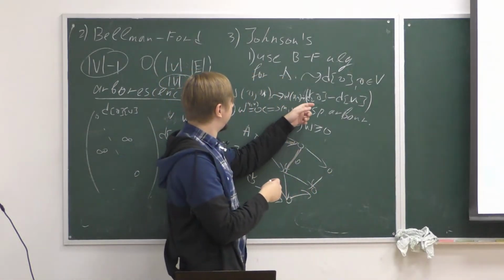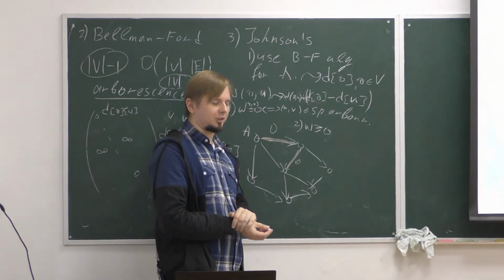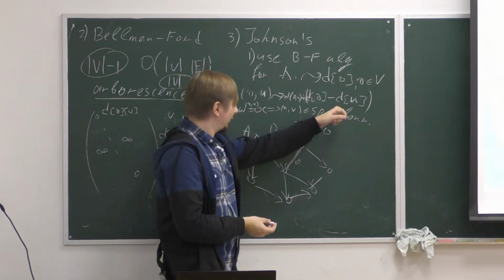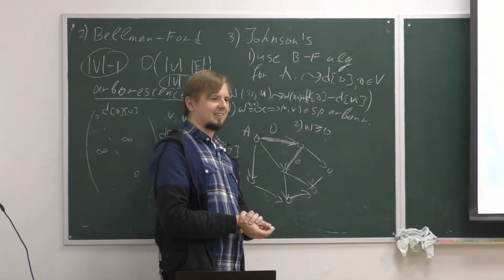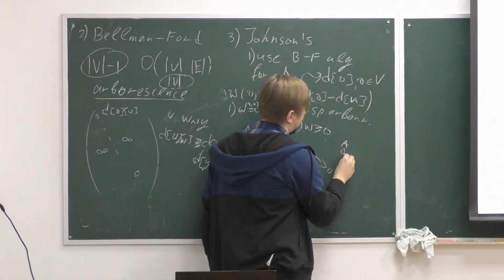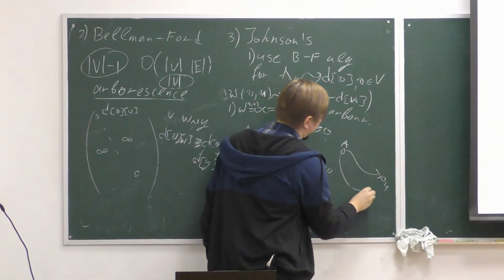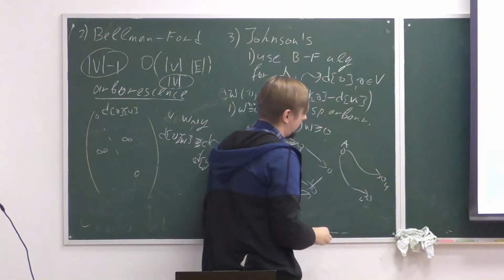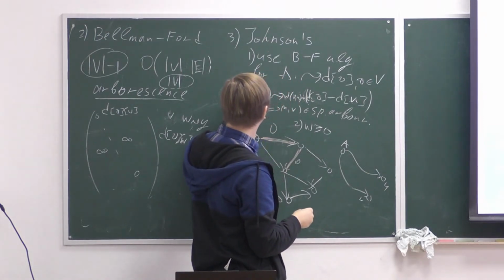What is d of v? And what is d of u? You have the shortest path to v, and you consider the w between u and v.